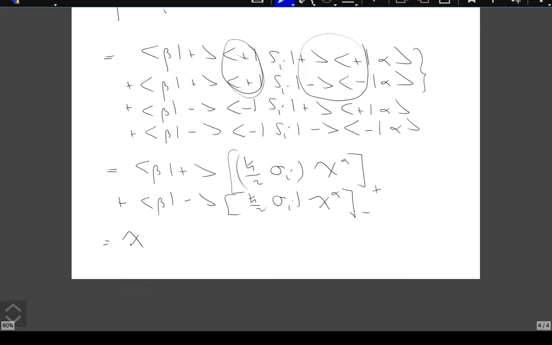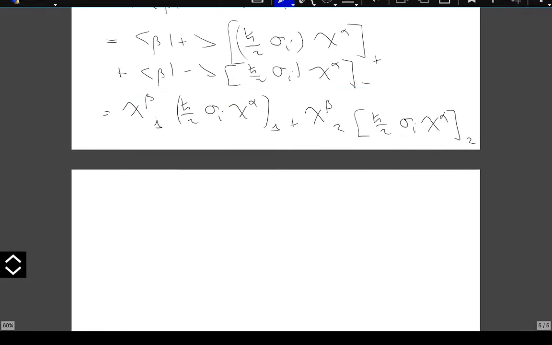Or this I can write as chi beta, the plus component, h bar over 2 sigma I chi alpha, the plus component is the first component, plus chi beta, minus component is the second component, h bar over 2 sigma I chi alpha 2. But this is nothing but, well, I just multiply the first component of the first column matrix with the first component of the second one, and the second components together.